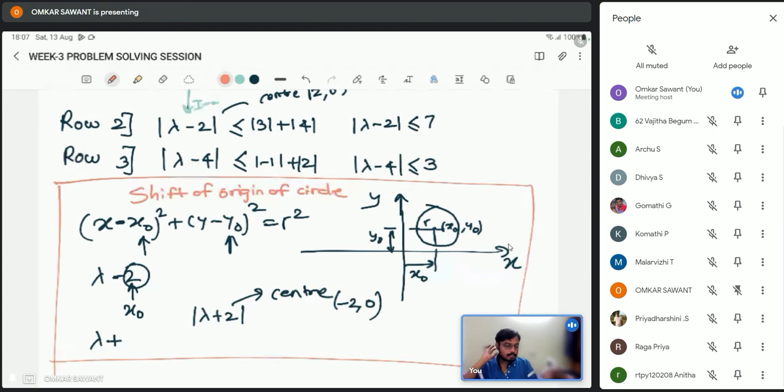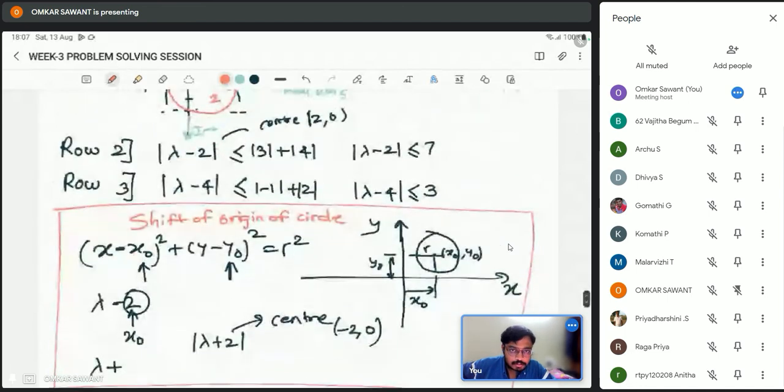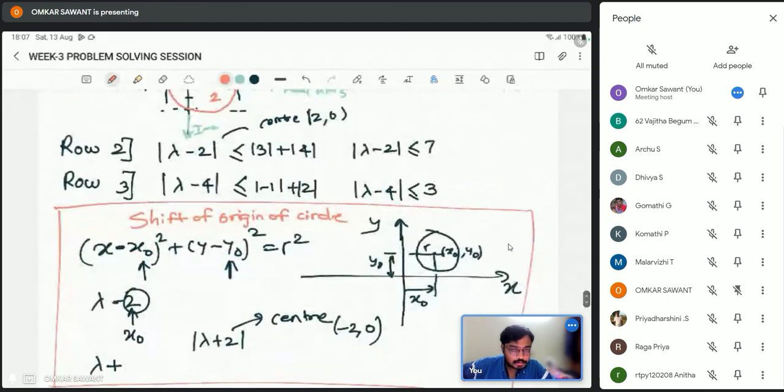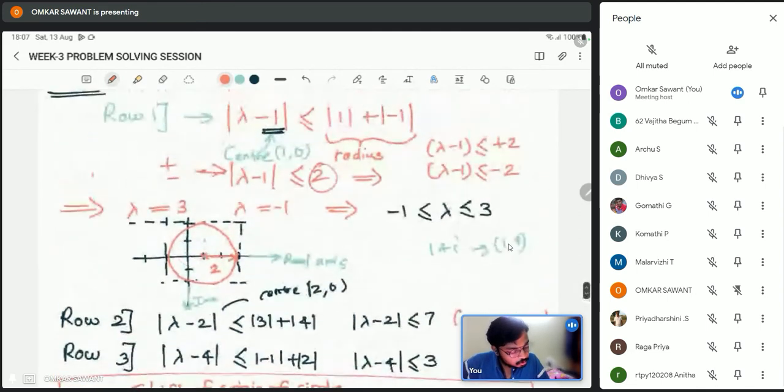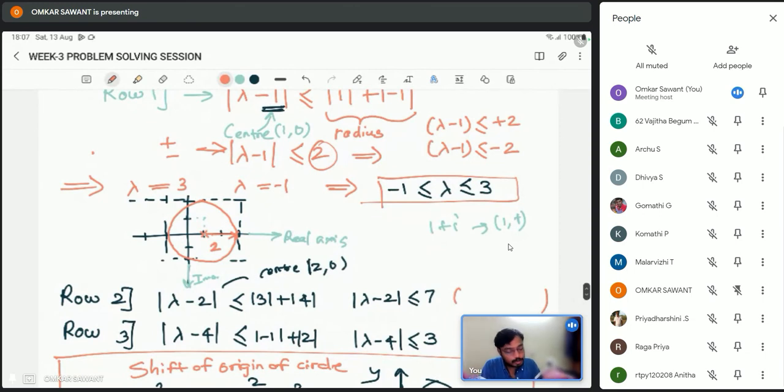And what is the radius? For row 3, what will be the radius? 3, sir. So tell me the bounds for lambda in row 2, like we calculated the bounds before.